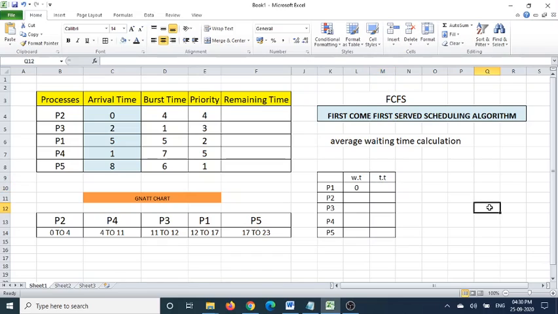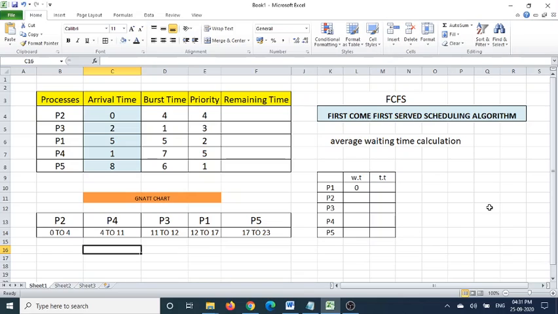So what is waiting time? Waiting time is how long a process waits in the ready queue before getting the CPU. The total time a process spends in the ready queue is called waiting time.